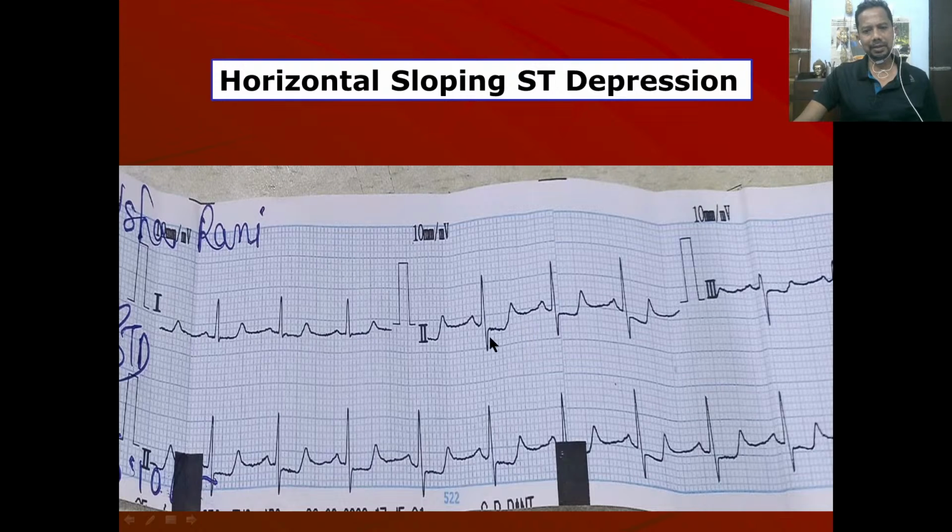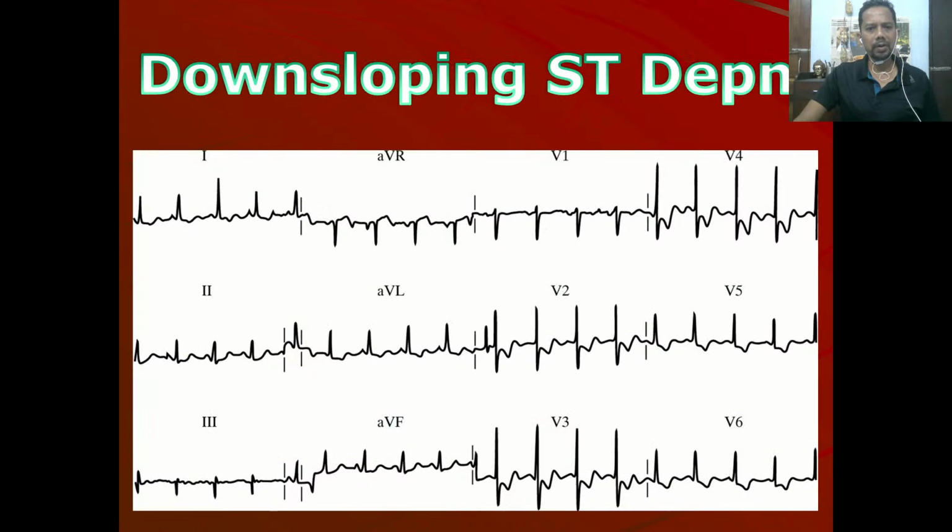And this is horizontal ST depression. Now you might say, sir, this looks like a downsloping. I'll accept that also. So for me it looks like a horizontal or downsloping ST depression and a sign of moderate ischemia. Out here you see there is T wave inversion, so this is severe downsloping ST depression in anterior leads.